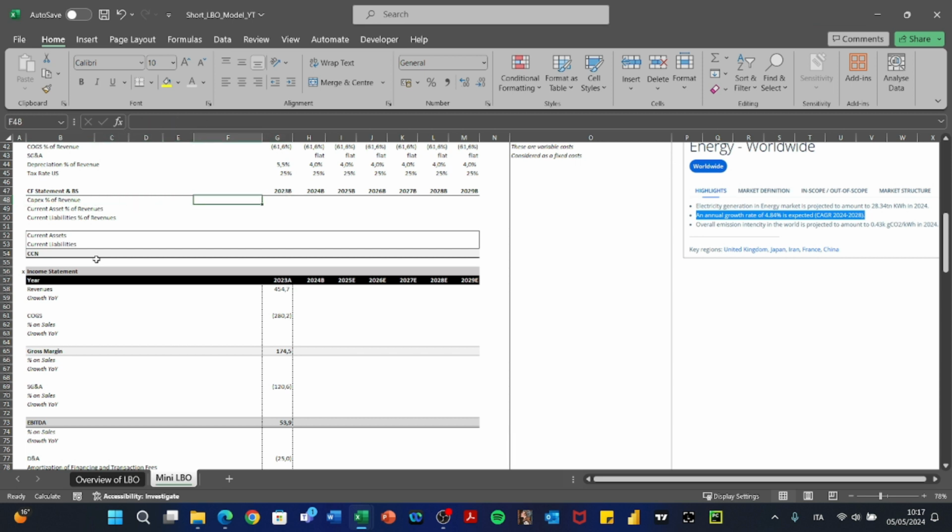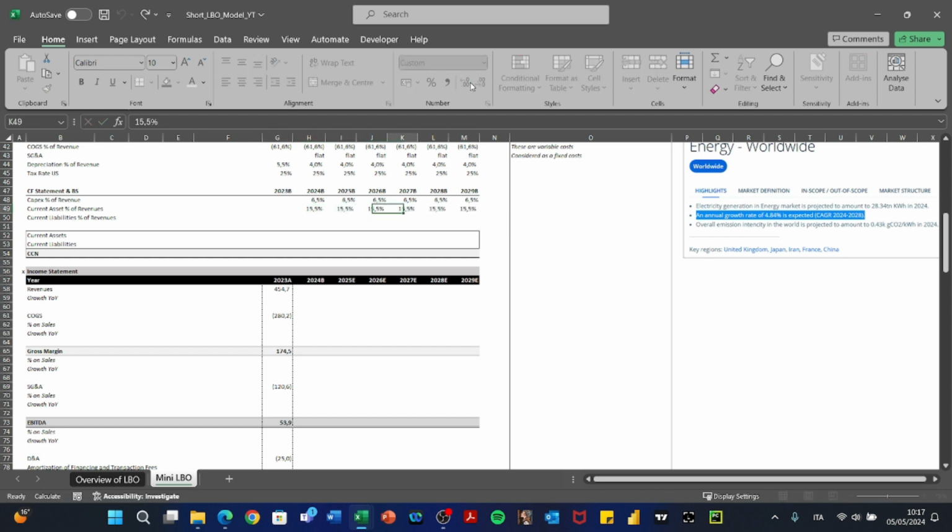About our CapEx, let's suppose something like, I don't know, something like 5. Okay. About our current assets, maybe we can make something like 15%, 15.5.